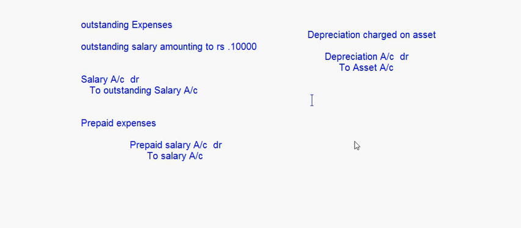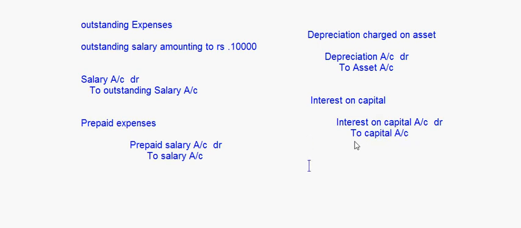Then interest on capital. Interest may be given on capital to the proprietor or the partners, right? This is basically an expense for the business. So interest on capital account debit to capital account, right? That is added to the capital.